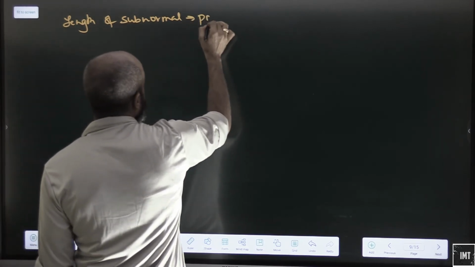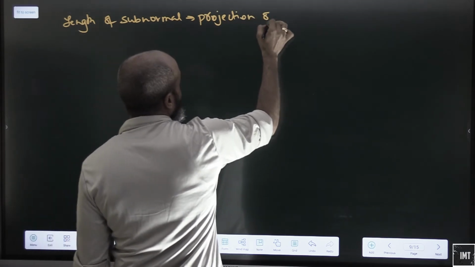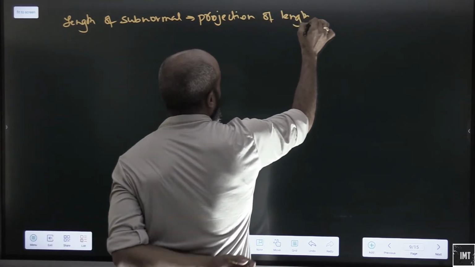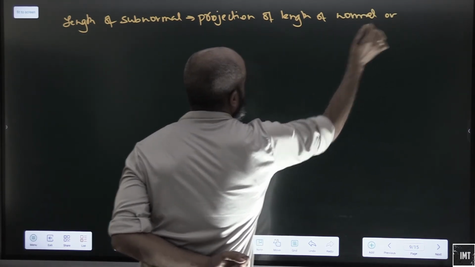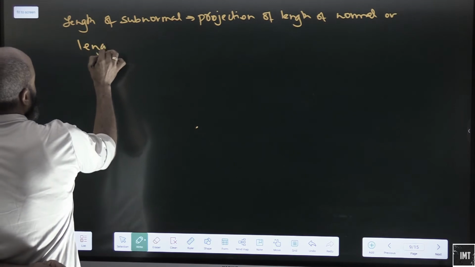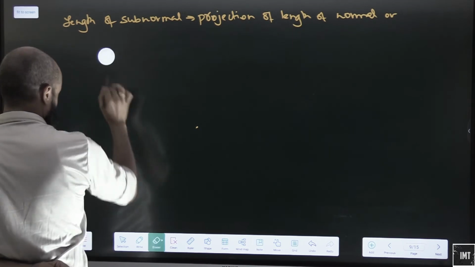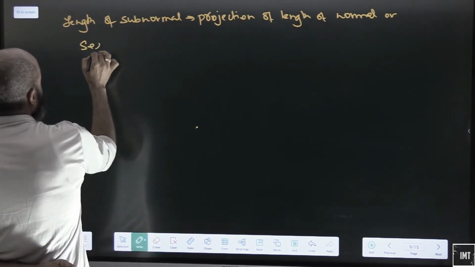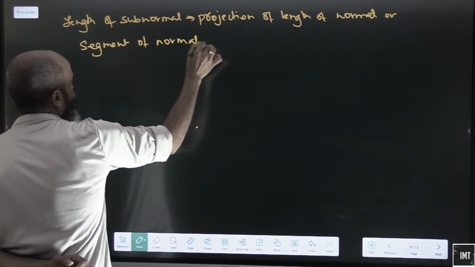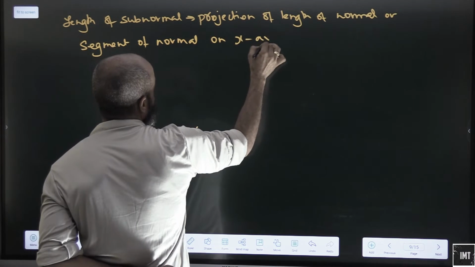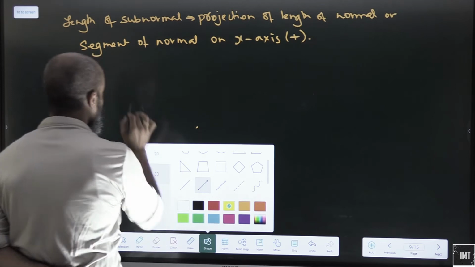It is the projection of the length of normal, or rather the segment of normal, on the x-axis, the positive x-axis.